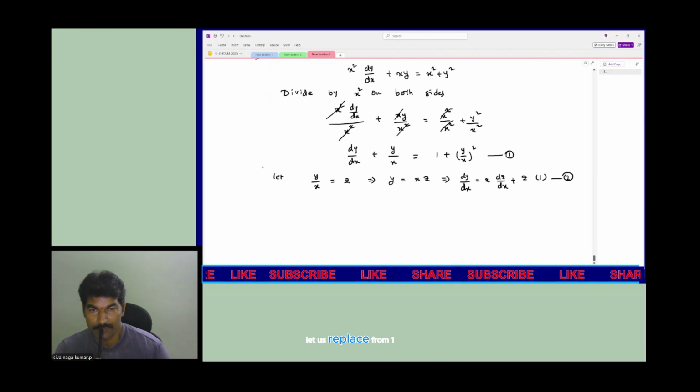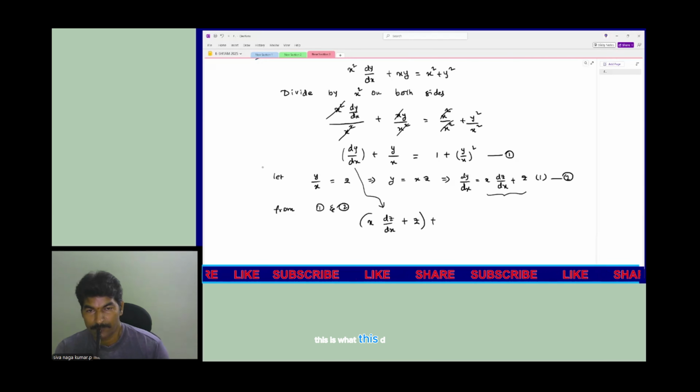Let us replace the dy by dx value and also y by x as z from 1 and 2. This dy by dx value will be replaced by this entire expression, x into dz by dx plus z. And what about this one?